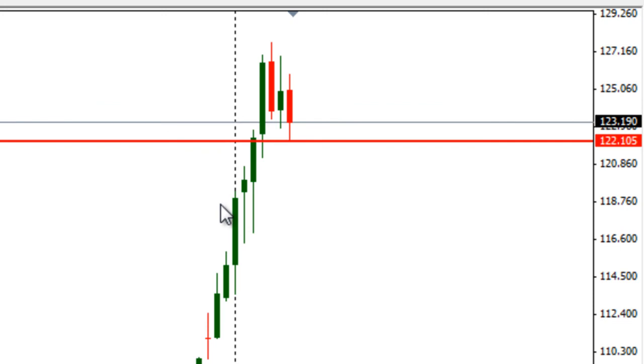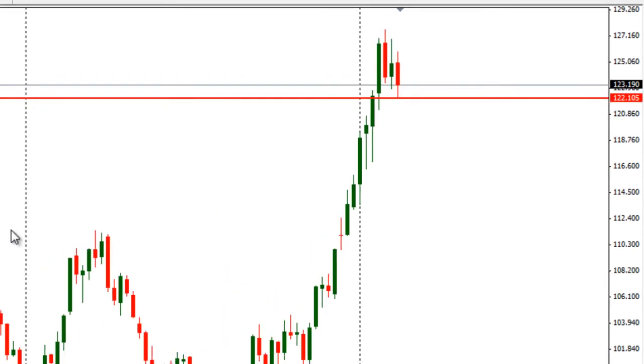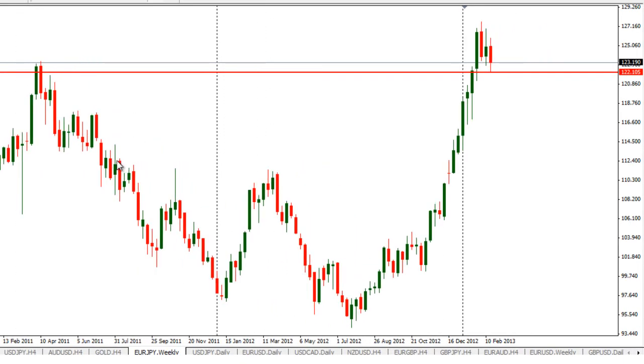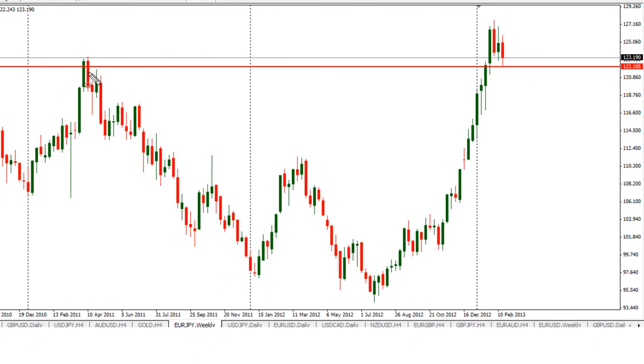If you look at that area very well, you discover that it is sitting around a previous resistance area, this area here. You can see how price is gradually bouncing off from that area.